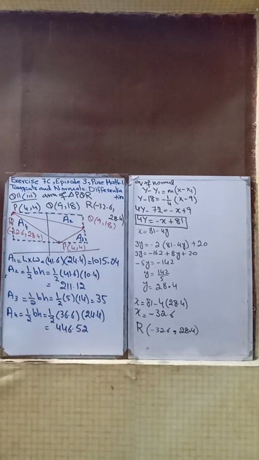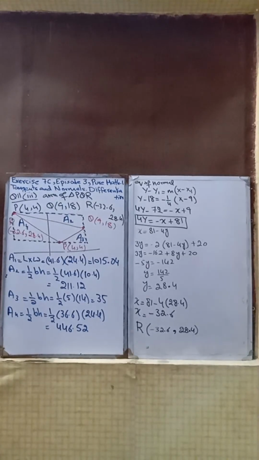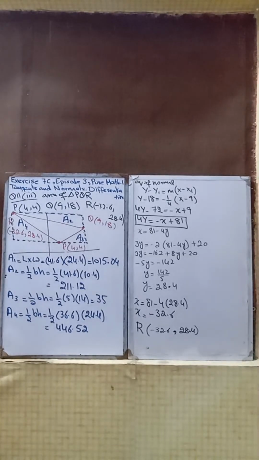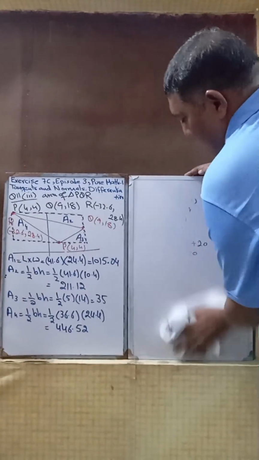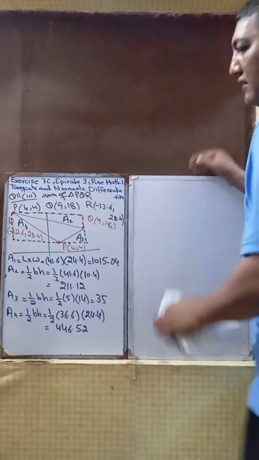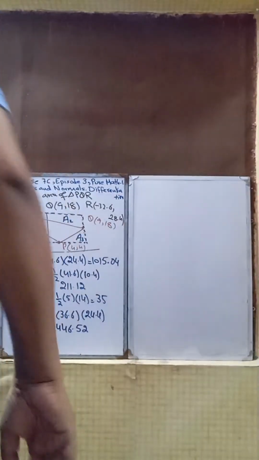446.52. Now you want to find out the area of that triangle PQR. If you want to find the area of the triangle PQR, what we have to do is start from the area of this rectangle.